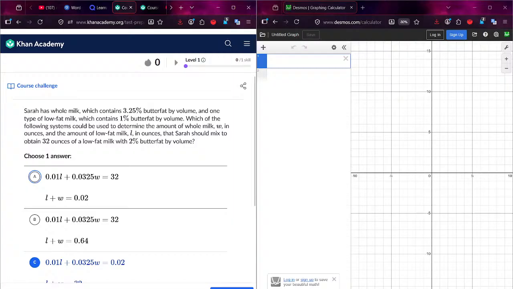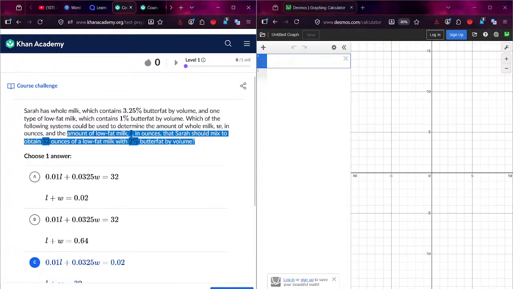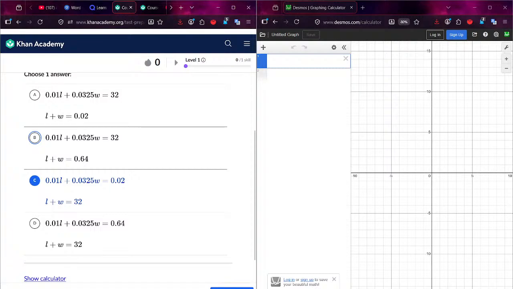The amount of low-fat milk in ounces to obtain 32 ounces of a low-fat milk with 2% butterfat by volume. So I assume it's going to be 0.02.